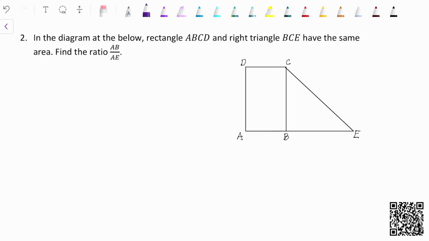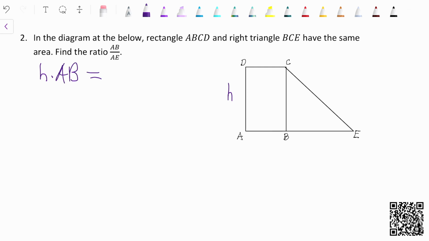So for this problem, we have to analyze how we solve for the area of both our rectangle and our triangle. In this case, we're just going to deem AD the height. And since AD is equivalent to BC, because opposite sides are equivalent in a rectangle, but I'll get into that slightly later, the area of our rectangle is equivalent to H times AB.